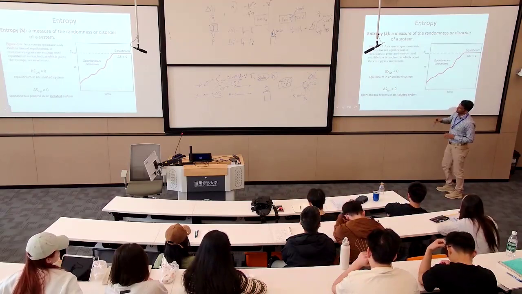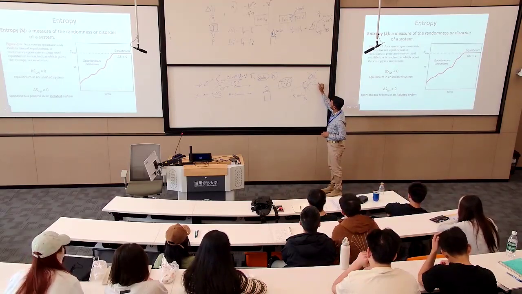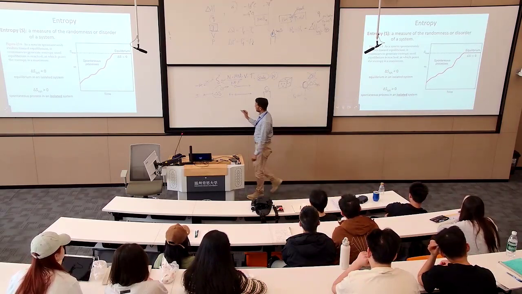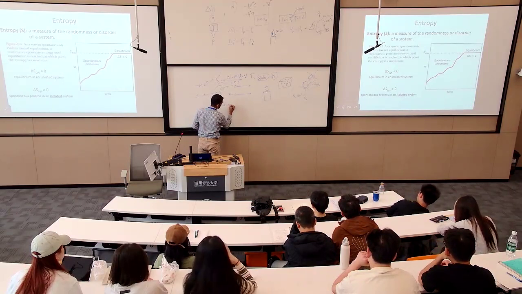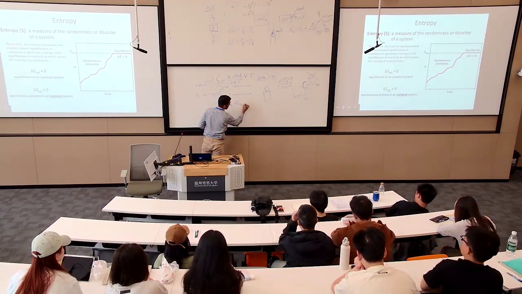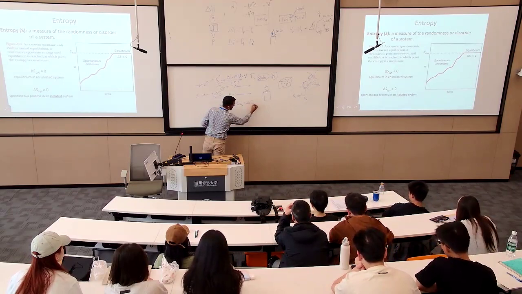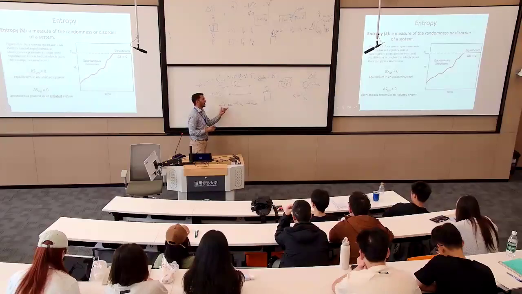But this is not only the system. It means if you know the entropy of the universe, which is the entropy of the system plus the entropy of the surroundings, then you can predict whether the reaction is spontaneous or non-spontaneous.